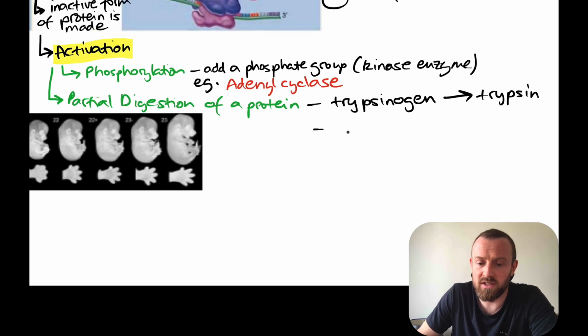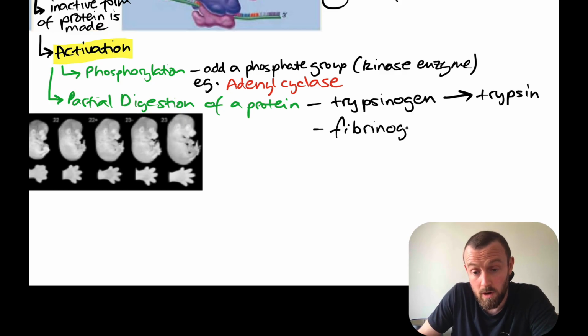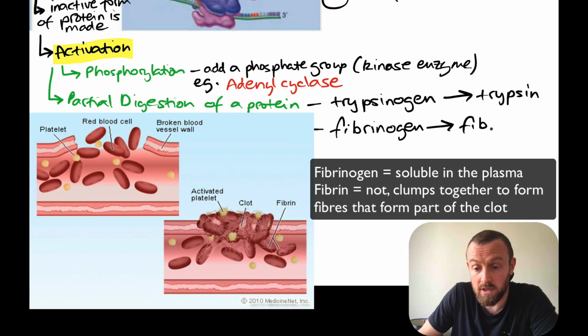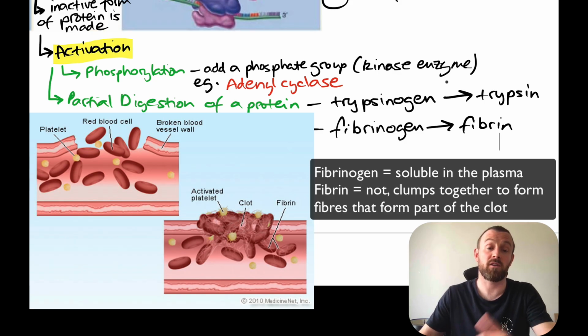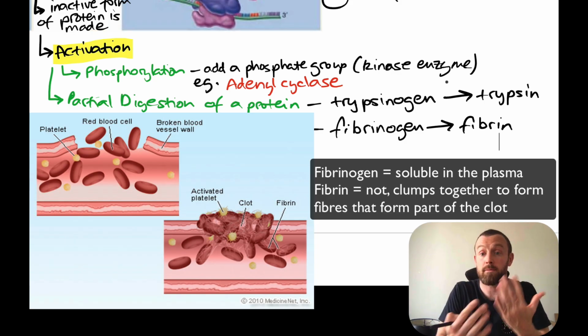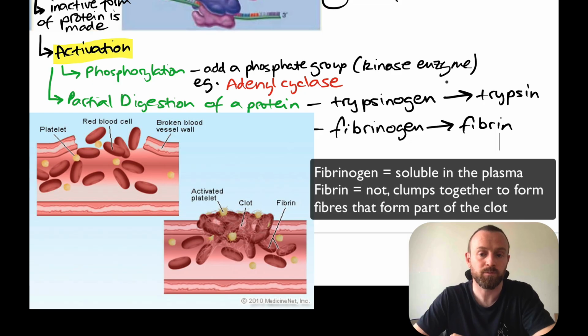Another example of this is fibrinogen. Fibrinogen is an inactive form of the protein fibrin, and when that extra bit of it is cut off, it produces fibrin, and fibrin forms clots, like blood clots if there's injury, for example.